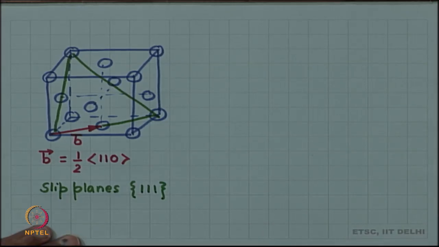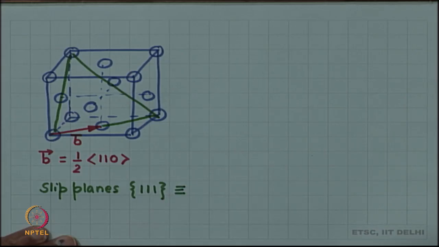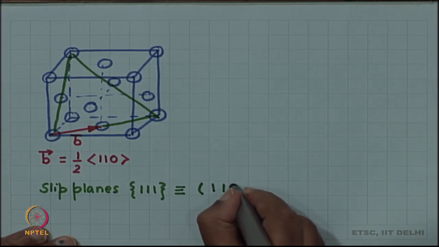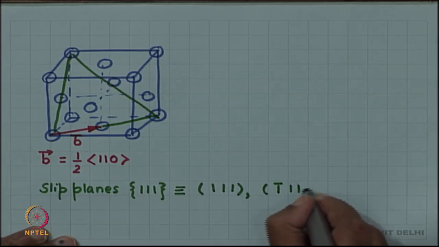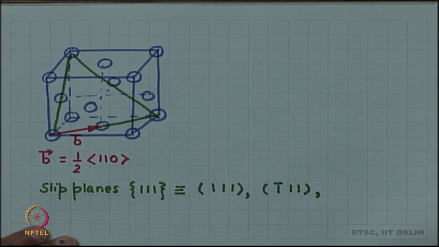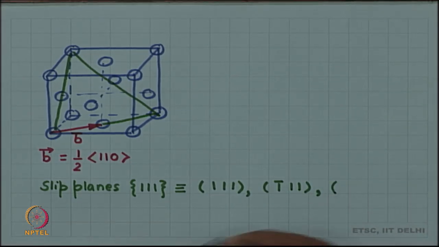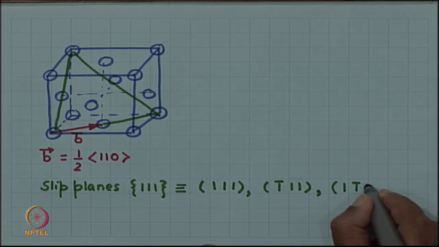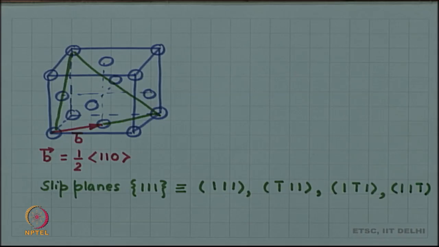But remember, this family of planes actually means 4 different planes, and they are 1 1 1, bar 1 1 1, and so on. It may be useful to refresh your crystallographic videos if you are having difficulty in recalling these. So, 4 such planes are there.